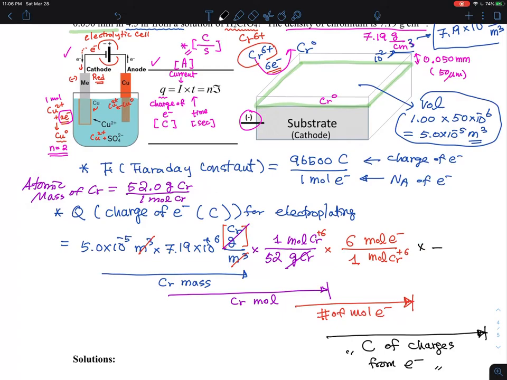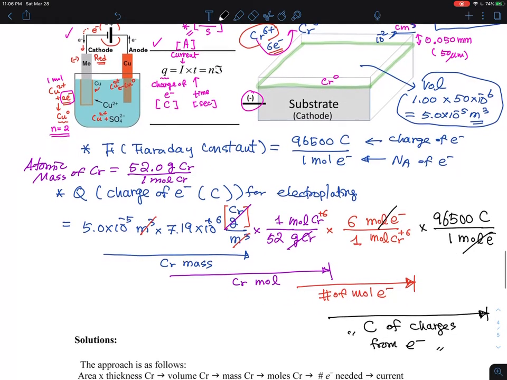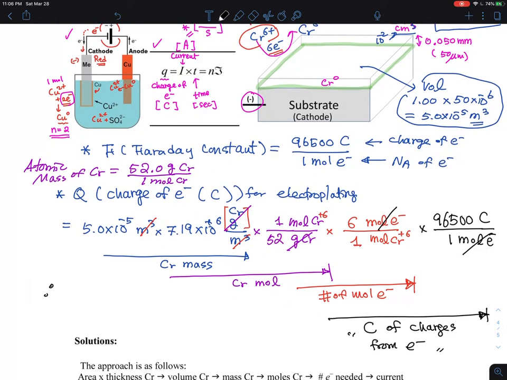What do we know about this? 1 mole of electrons is 96500 coulomb, right? So by doing so, I can get that, and I'll end up having this simple answer. So therefore, the charge that you need is 4 times 10 to the 6 coulombs, right?